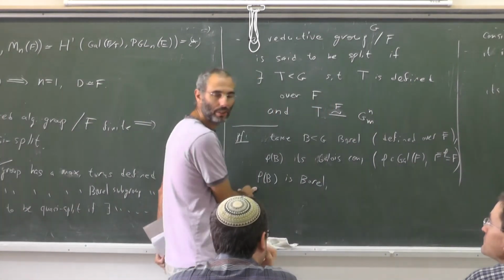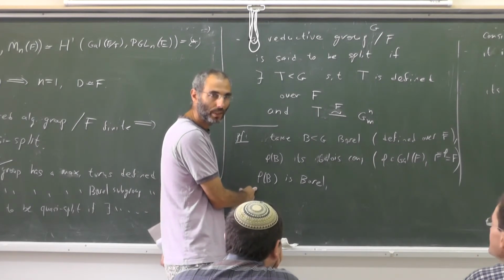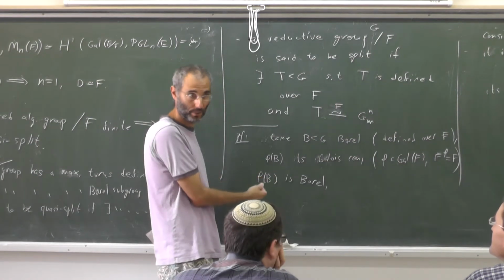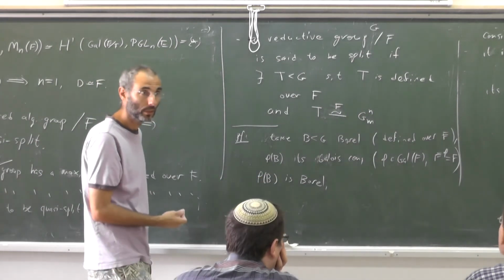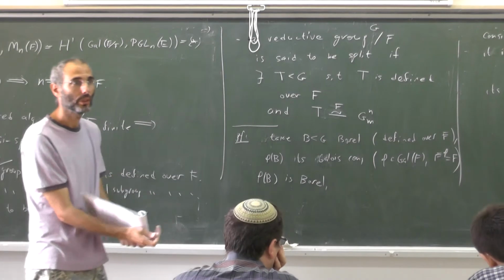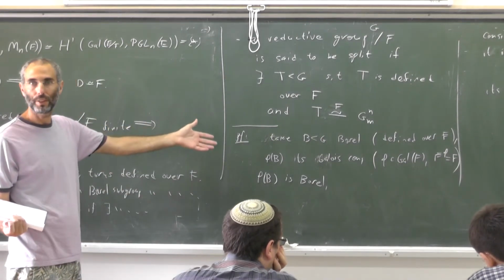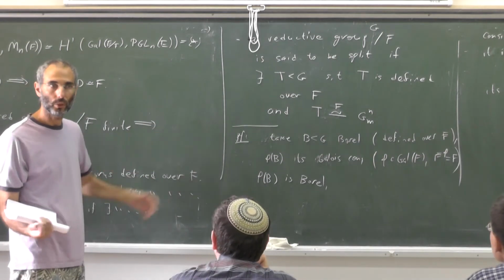And again, I'm using the fact that phi is algebraic. This is an algebraic subgroup of G. I'm using this implicitly. In the theory of algebraic geometry over finite fields, you get used to it. You don't mention it anymore.